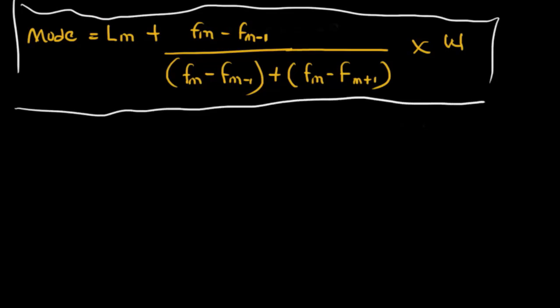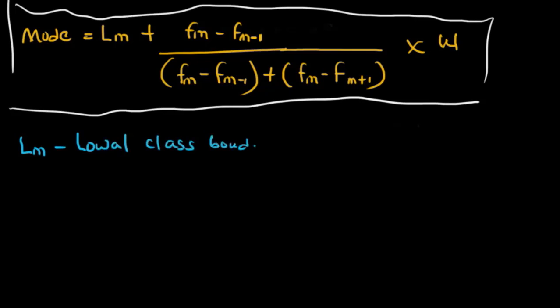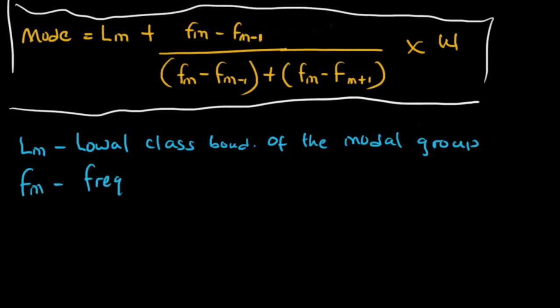Now you may be wondering, what is Lm, Fm, Fm-1, etc. So Lm is the lower class boundary of the modal class or group. Then Fm is the frequency of the modal group.